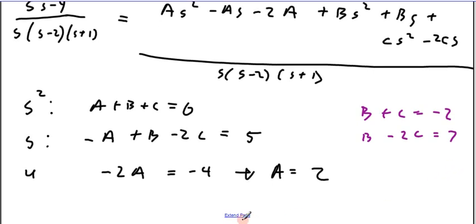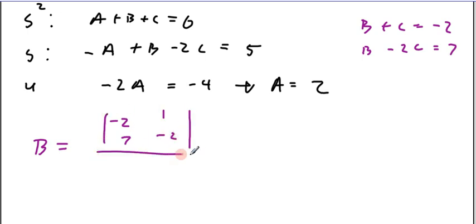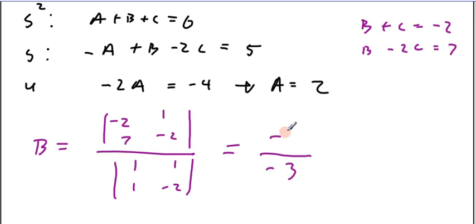Okay, now we break out Cramer's rule again, and we say that b is equal to the determinant with minus 2, 7, 1, minus 2 on top, and on the bottom we have 1, 1, 1, minus 2. So on the bottom we have minus 3, and on the top I have 4 minus 7, which is another minus 3. So b is going to be 1.